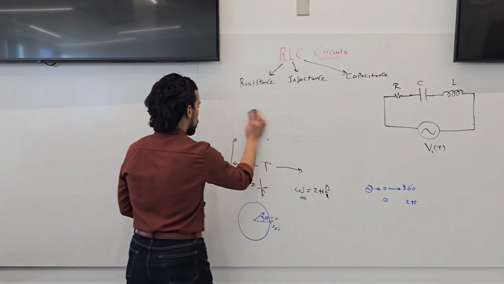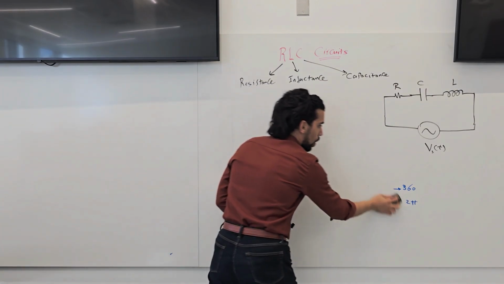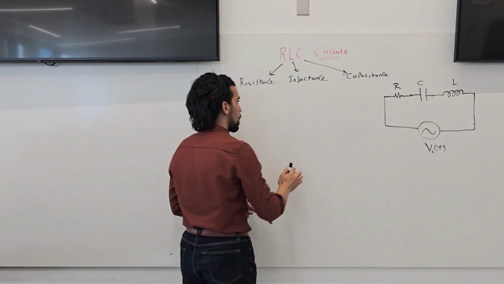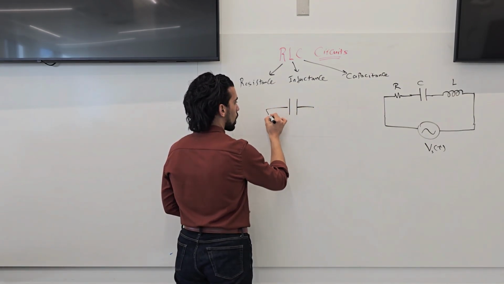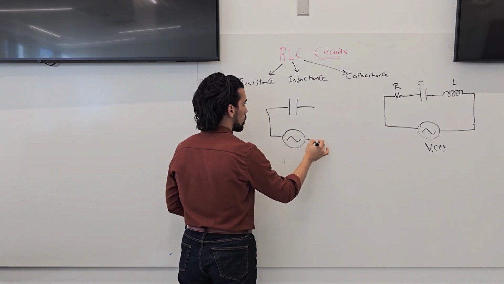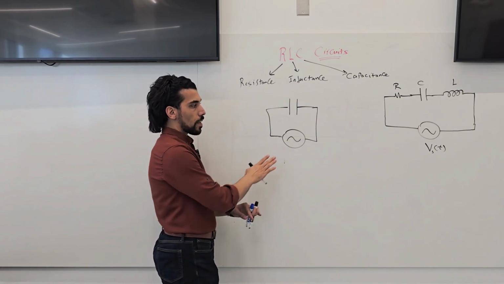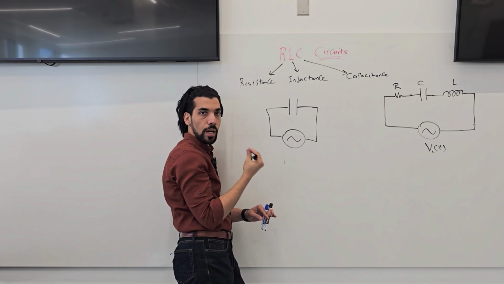After talking about this concept, let's understand what happens inside the capacitor. If you have a capacitor here and you apply some sine wave on it, the capacitor is an electrical storage element.